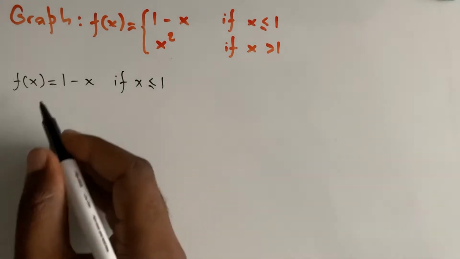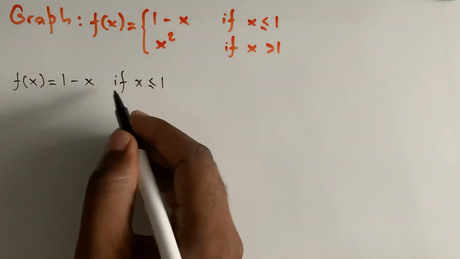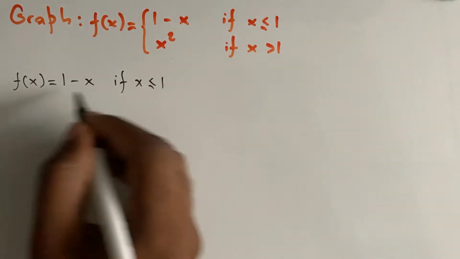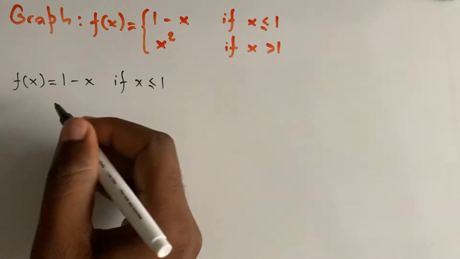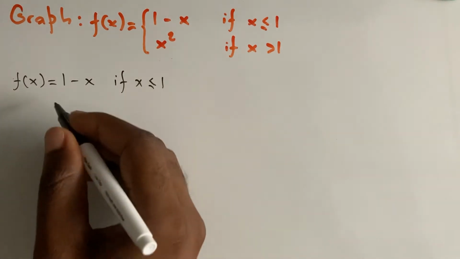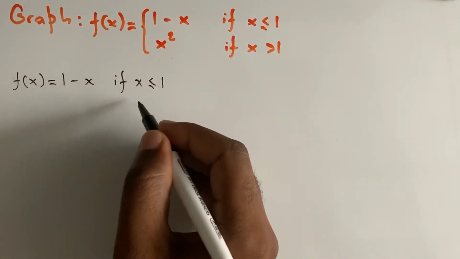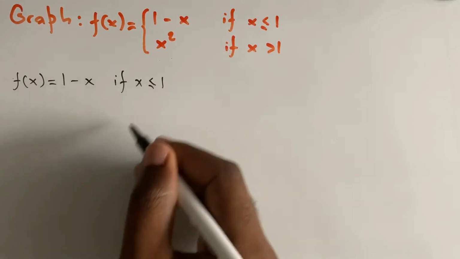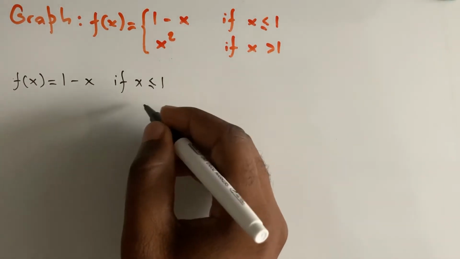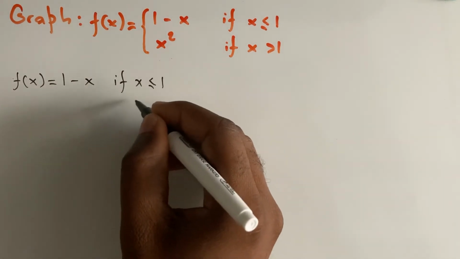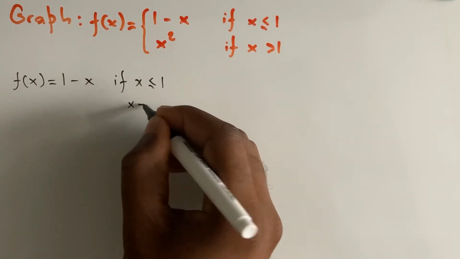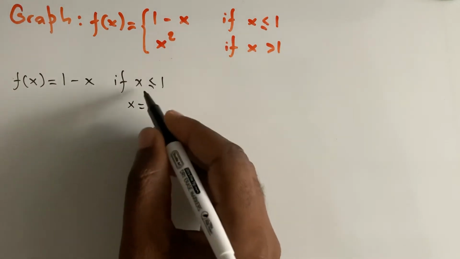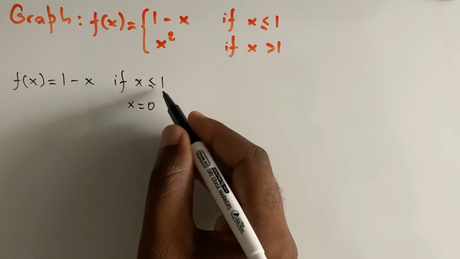Okay, so one thing you can do here is to try to get values as you would graph a linear equation, a linear function. I'm saying you would get values of x, right? So in this case here, it says x is less than or equal to 1, meaning that you can get values like x can be something like 0, because 0 is less than or equal to 1, right?